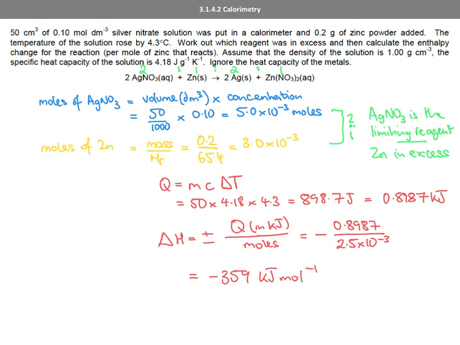Now, I've written the answer to three significant figures, although when we look at the information given to us, I don't think this is a great question in that respect, because we've got the mass of zinc powder to just one significant figure, which is not something that would happen in a real exam question. What I would say is that typically, probably about 90% of questions, the correct number of significant figures in an actual AQA test question is 3, excepting certain topics where there are other requirements.